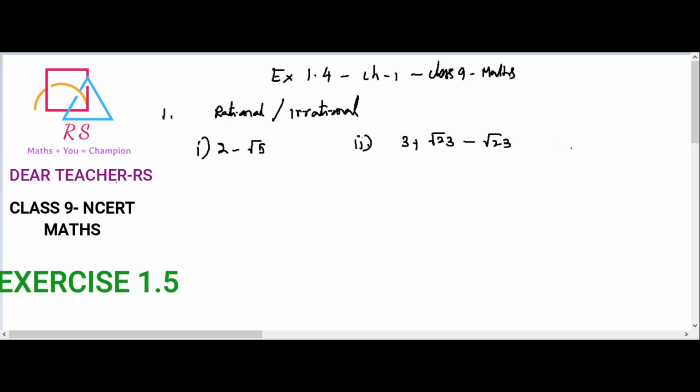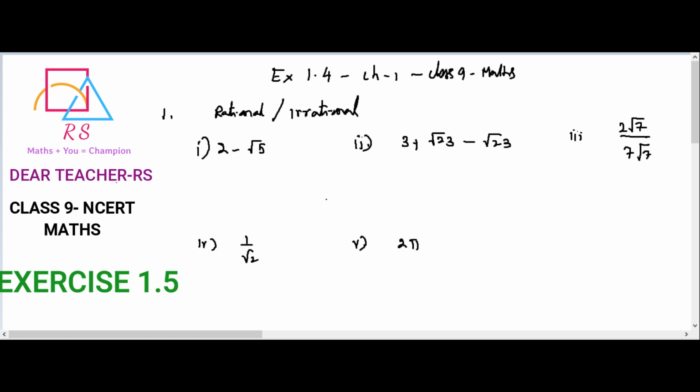And the third bit, 2 root 7 by 7 root 7. And fourth, 1 upon root 2. And fifth, 2 pi. Okay. So now we have to identify which of these 5 is rational and which is irrational.